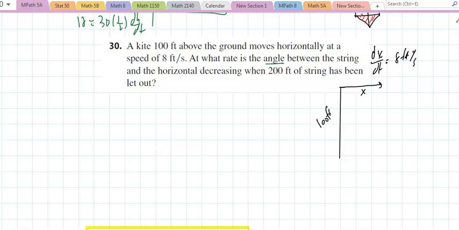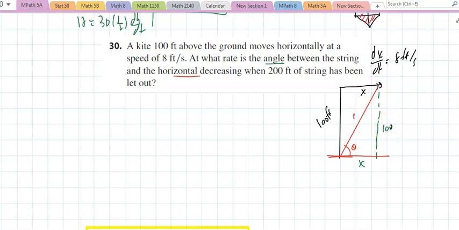At what rate is the angle between the string? The string would be right there, S, and the horizontal. So if I mimic this, this is x and this is 100.